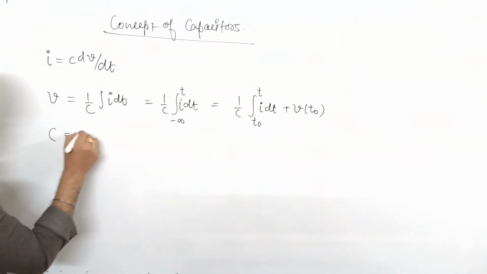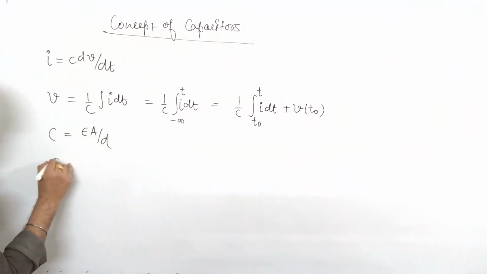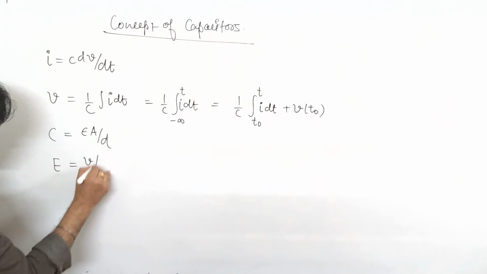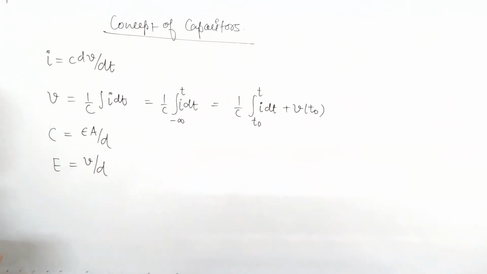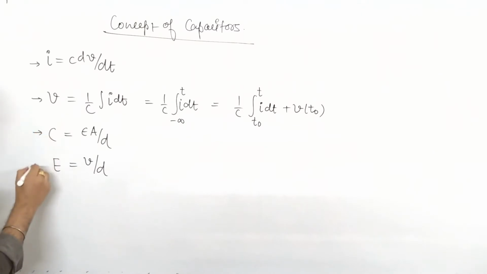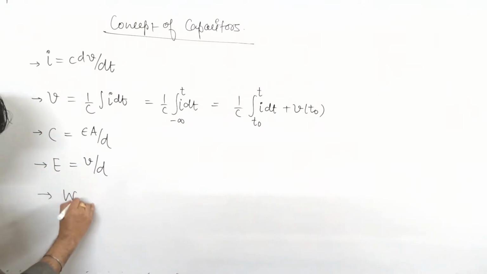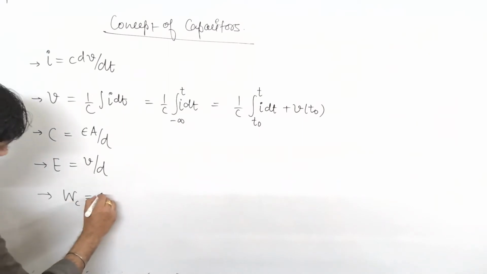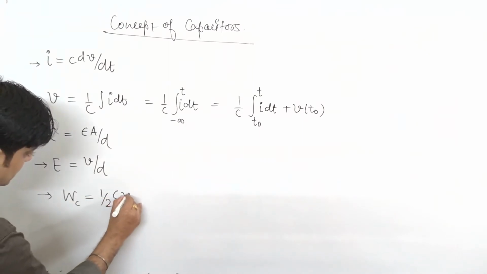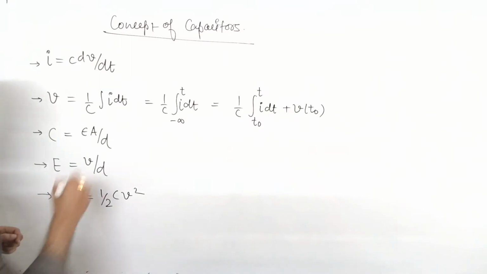We have seen the value of C, that is epsilon A by d. We have also seen the electric field across the capacitor, that is E equals V by d. This is our first formula, this is second. I am just summarizing. Similarly, there is energy stored in the capacitor represented by Wc, and its formula is 1 upon 2 C V squared. I am not going into the derivation of all these.